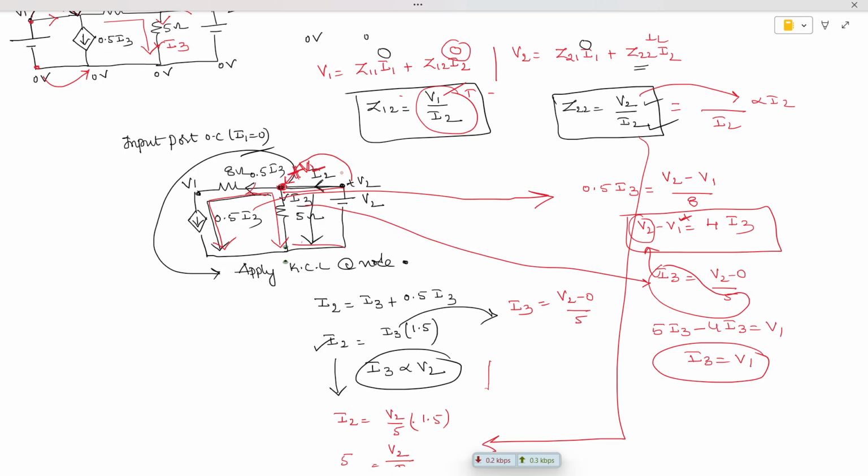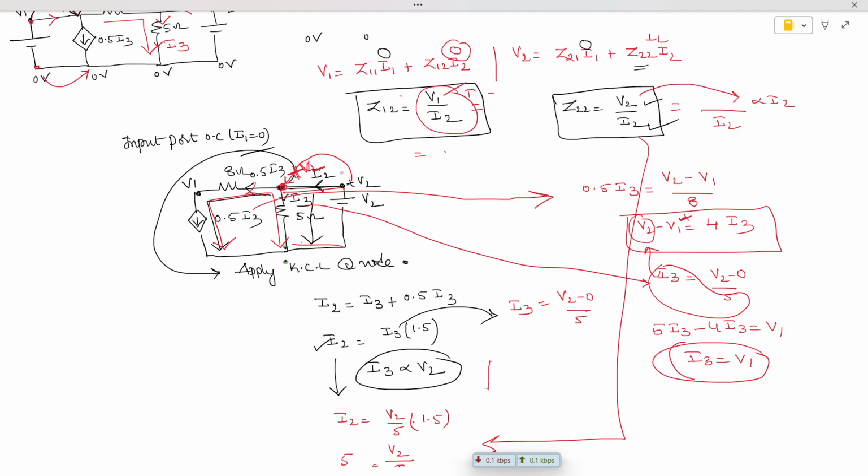So go and substitute here. We are going to write down the V2 equation here. When you substitute here, we have the value of I1.